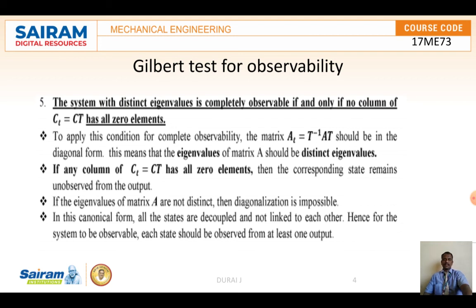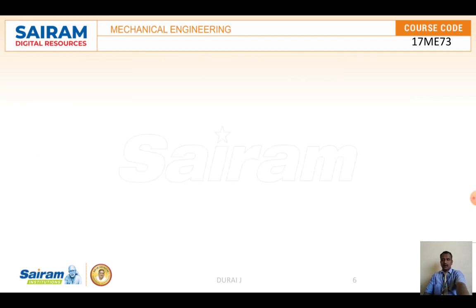Again, the canonical form is decoupled, not linked to each other, hence the system is observable if each state is observed from at least one output.